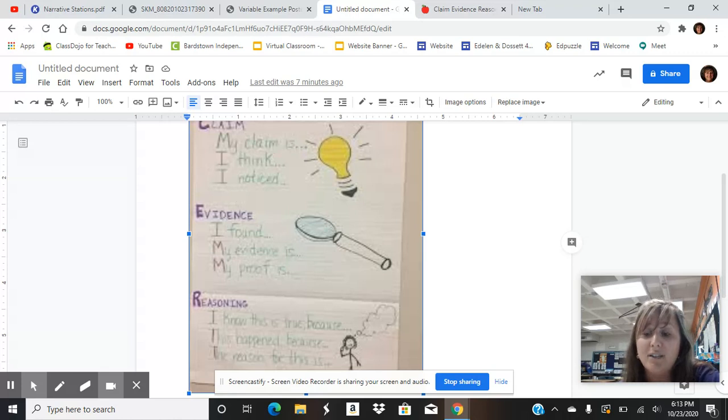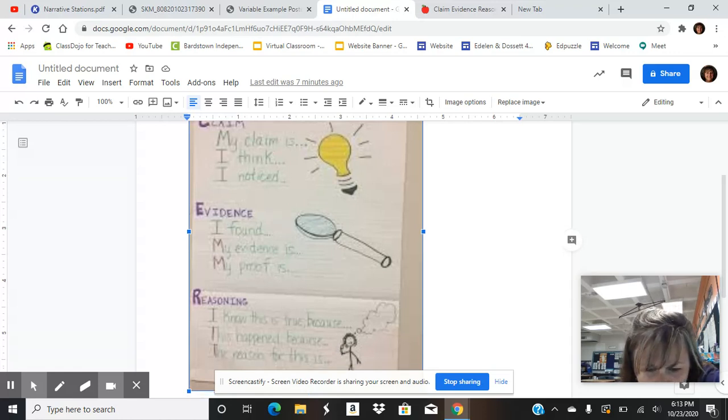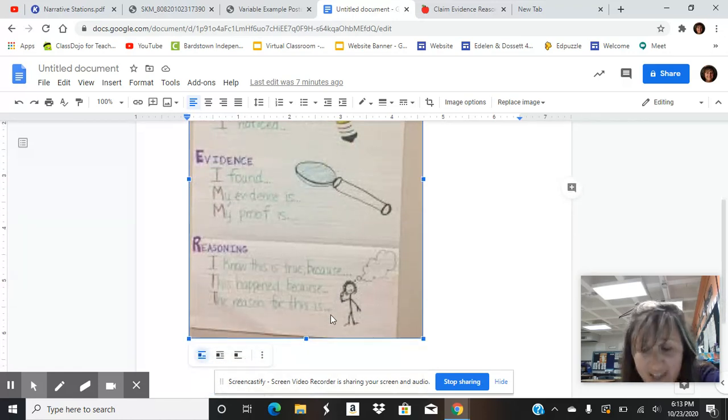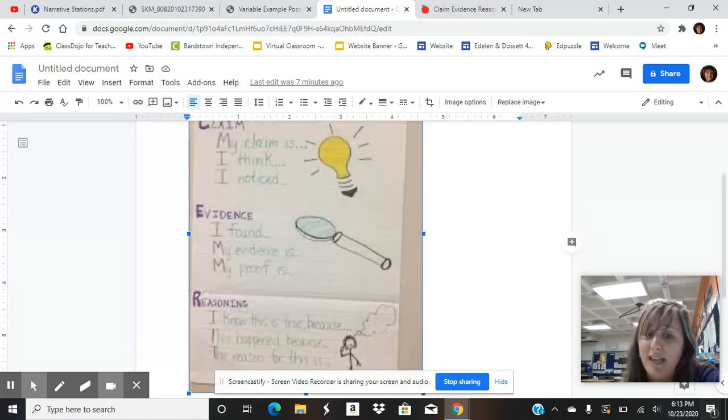And then also your reasoning. You can say, "I know this is true because..." Back it up. What's your evidence? What's your reasoning? "This happened because..." and "The reason for this is..." So you have a claim, your answer, your evidence, and your reasoning.